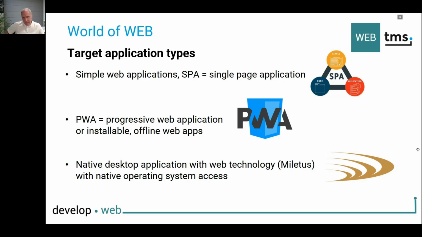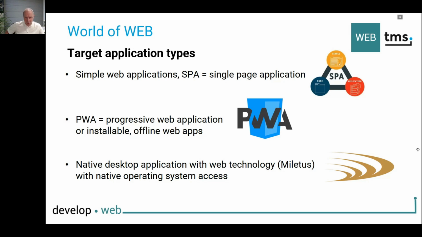And a last type of web applications that is not really web applications, but uses web technology, is a Miletus application that is also possible to create from TMS WEB Core. You create an executable with a user interface that is based on web technology.